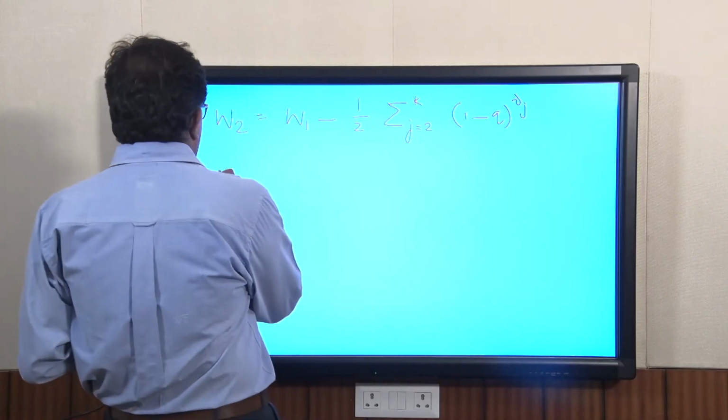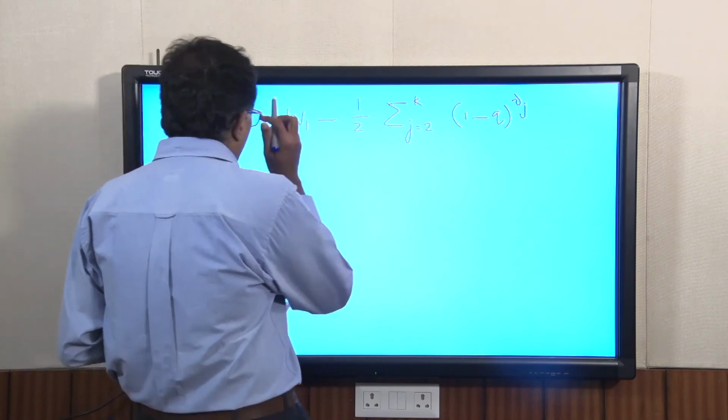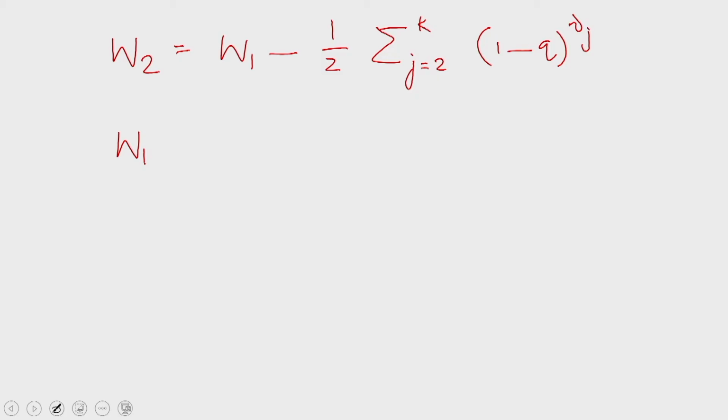But then summing over the various q's involved in the system, we find that W1 is less than sigma j varying from 1 to k of 1 minus q power ij divided by q. That is, within each q we are summing up all the way to the infinity.